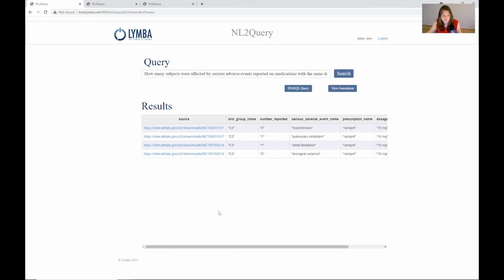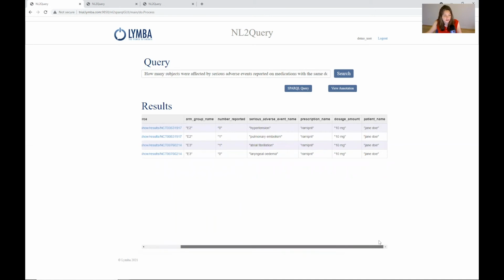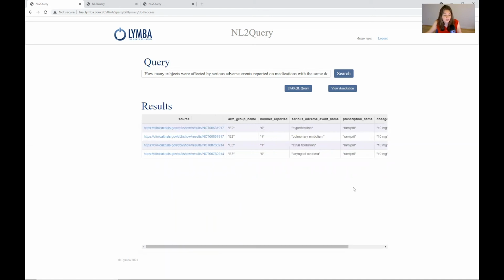So here, the ER doctor sees that Jane's been taking her 10 milligrams of ramipril, or Altace, for hypertension. And there are indeed adverse events related to current symptoms, swelling and pulmonary embolism.